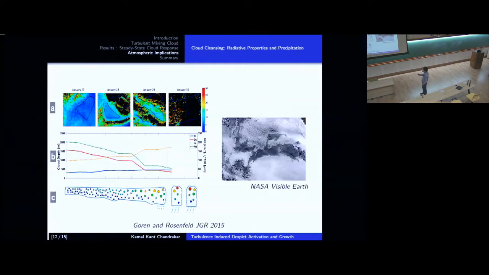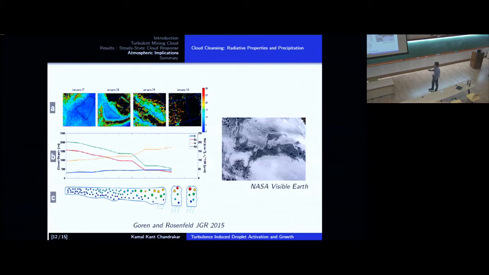They found that with time it started cleansing. At the start its response is very slow, and they have high droplet number concentration, and then slowly once it gets cleaner, you have bigger droplets, and when it passes some critical size, collisions start dominating, and you have precipitation, and then finally cloud collapse.